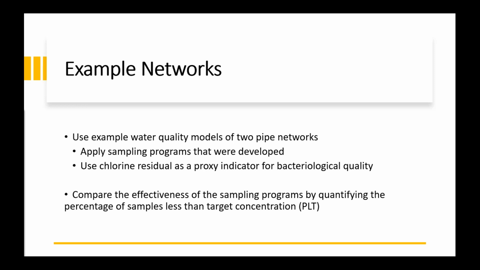And what I do using the water quality model results for chlorine or free chlorine, I compare the effectiveness of the sampling programs by quantifying what I'll refer to throughout this presentation as the percentage of samples less than the target concentration, or PLT value, which I'll describe in more detail in the next few slides.